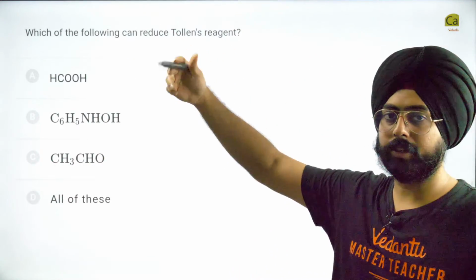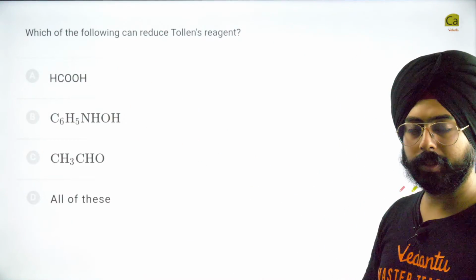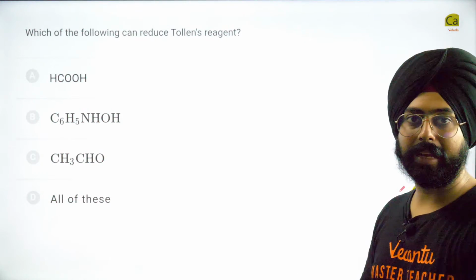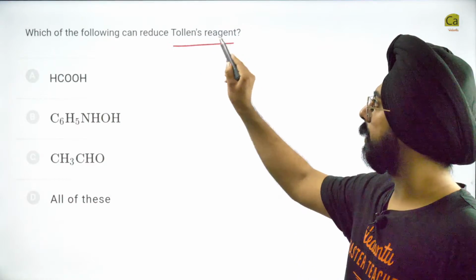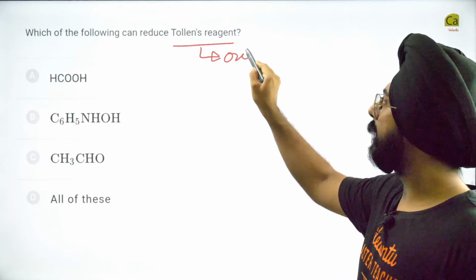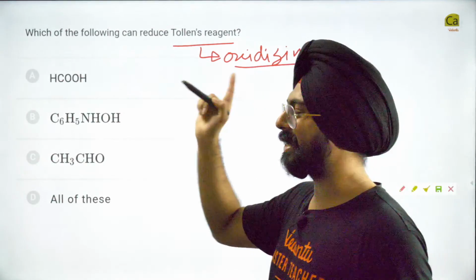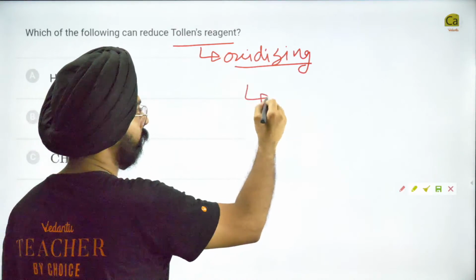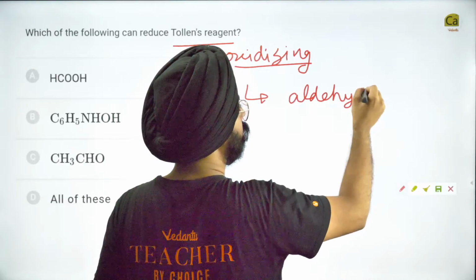Yeah, ammoniacal silver nitrate is your Tollens reagent. So when that silver reacts with ammonia, it becomes Ag positive, NH4 negative, something like that. Yeah. So Tollens reagent is essentially an oxidizing agent. And we know Tollens reagent can show tests with a bunch of things. Tollens test is used for aldehydes. Okay, great.